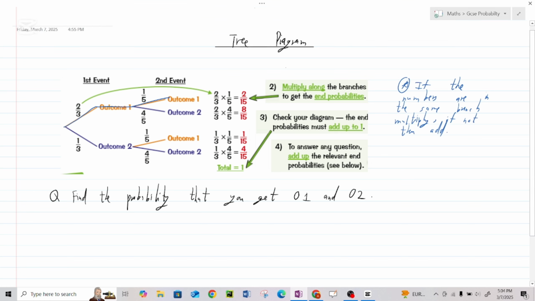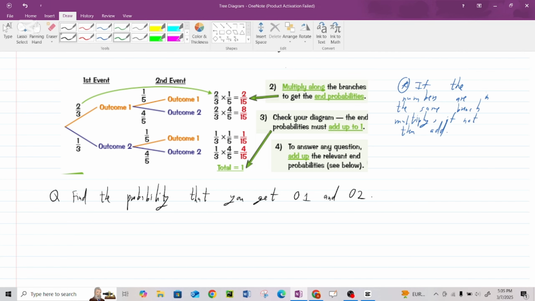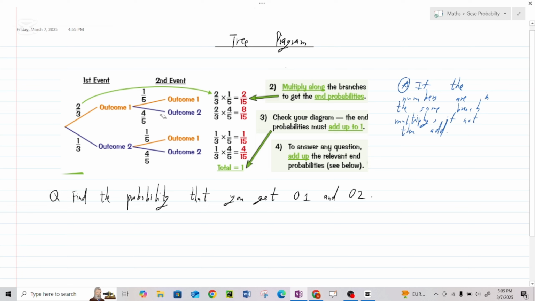You might think that I just have to go outcome 1, outcome 2. No, let me first tell you that this is not the only answer. You go outcome 1 and outcome 2, but this is also an answer: outcome 2, outcome 1. They did not say that outcome 1 has to be first or outcome 2 has to be first. They just said outcome 1, outcome 2. So that means I have either way of getting it.